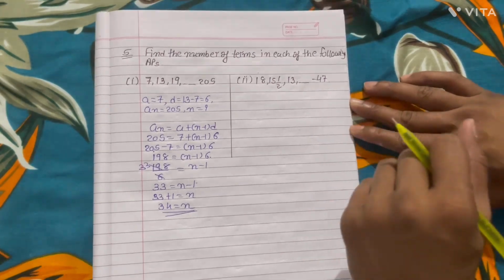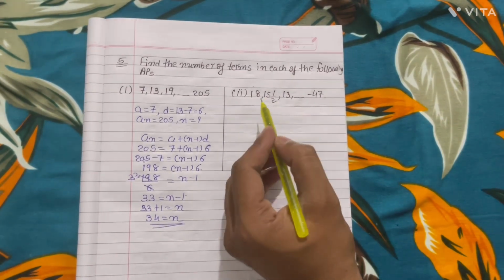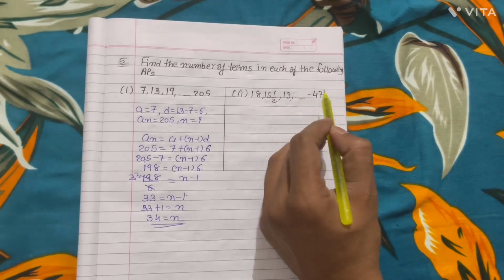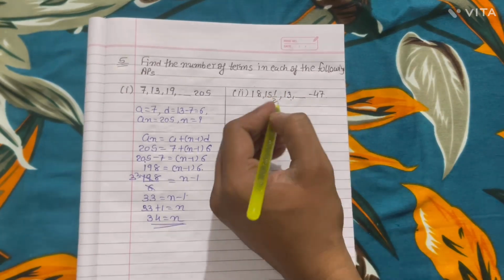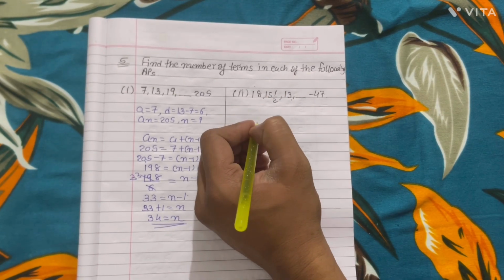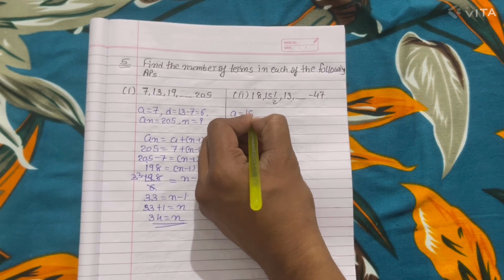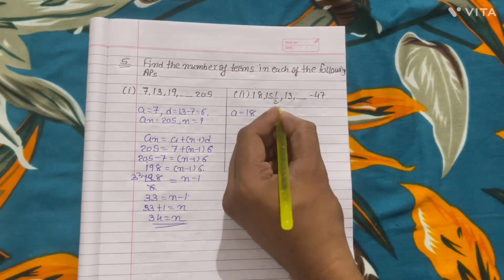Okay. Similarly, the second one is given like that: 18, 15 and a half, 13 up to minus 47. Okay. So our first term is a equal to 18. Difference will be a2 minus a1.